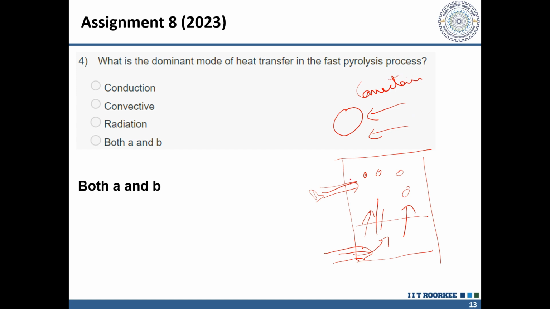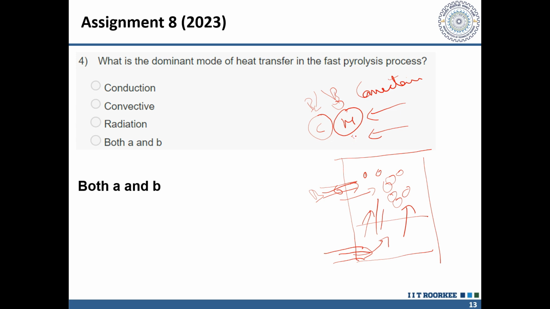and the biomass which has already been heated will heat the other biomass which is entering. So the heated biomass will heat the cold biomass. Both are biomass particles.